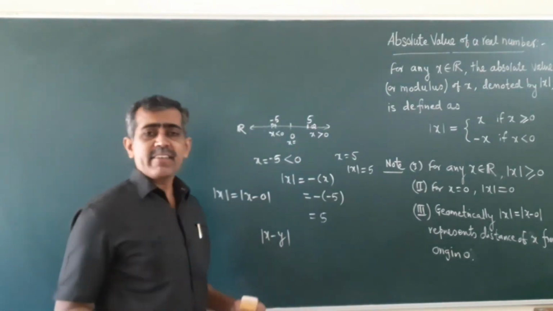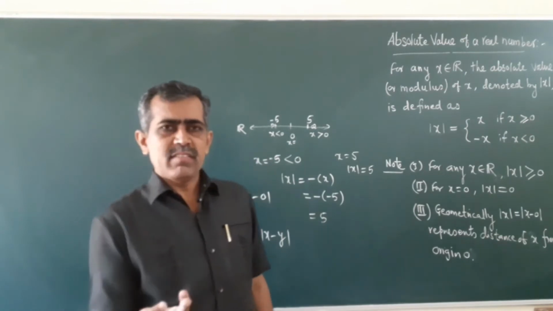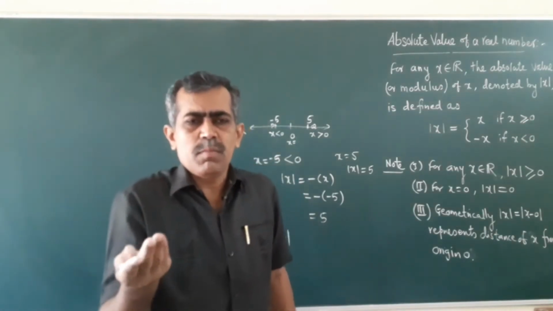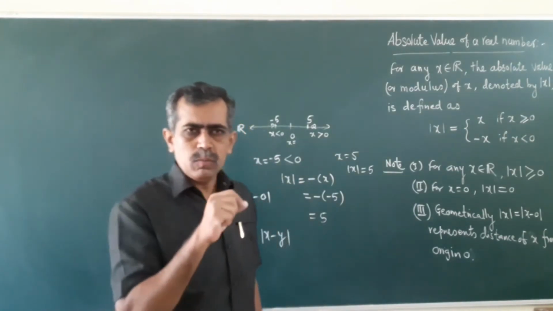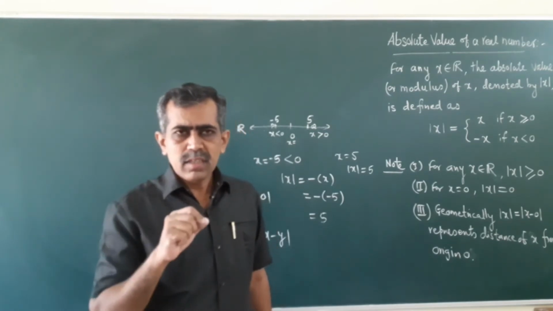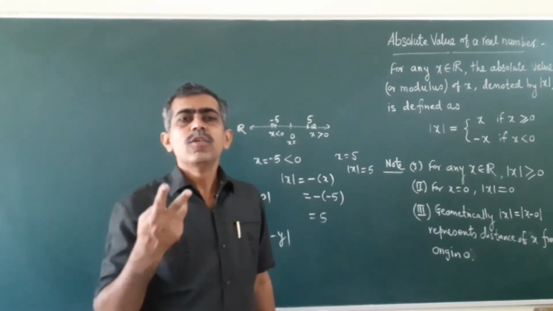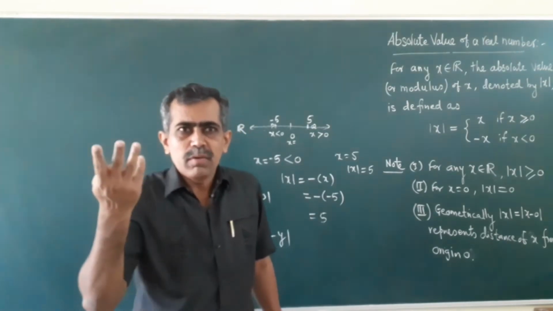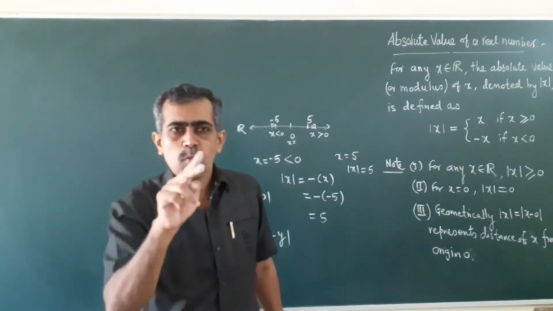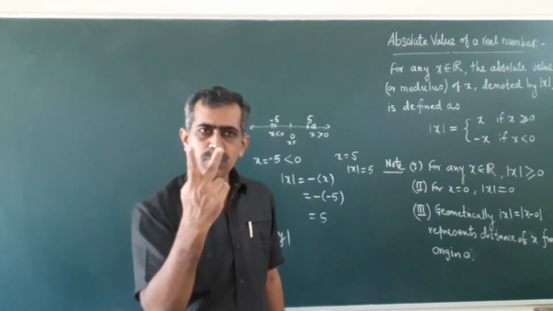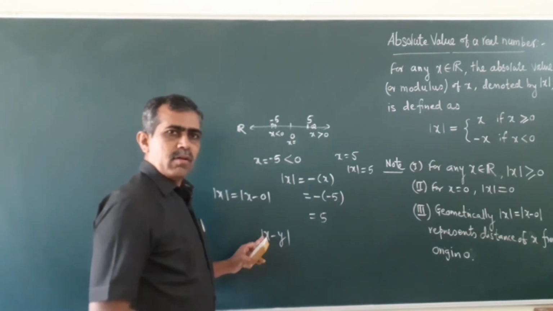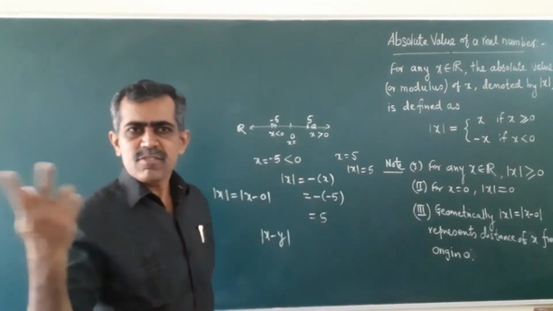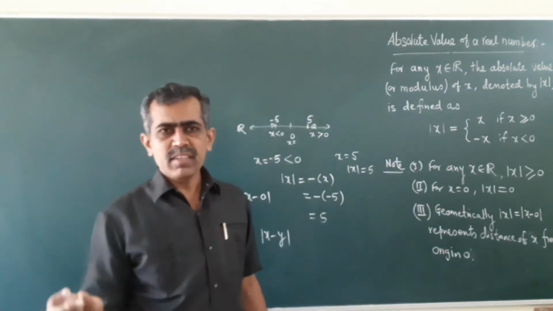Now, when I consider x minus y, if x is a real number and y is a real number, then x minus y is some new real number. For example, suppose x is 5, y is 3, then 5 minus 3 is 2, a new real number 2. So mod of 5 minus 3 means mod of 2. Mod of 2 is 2 and mod of 5 minus 3 is also 2.